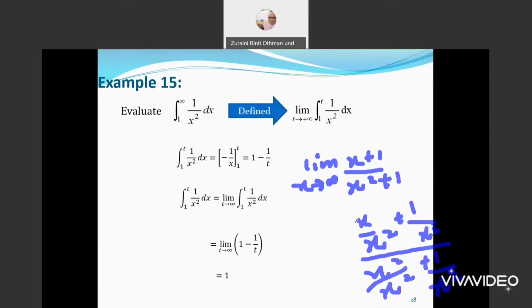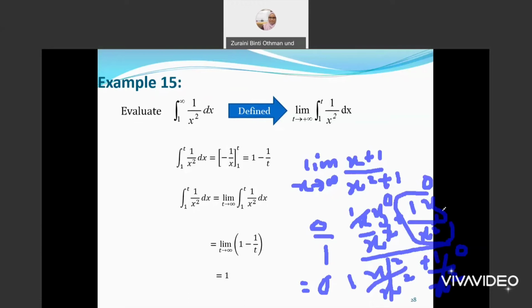So di sini akan jadi 1 per x. Okay, 1 per x yang ini akan jadi kosong. Sini juga 1 per x kuasa 2, 1 per infinity will become 0 also. But here, yang ni akan jadi 1 tambah, yang ni juga ialah kosong. Okay, dia akan jadi kosong per 1 dan jawapan dia ialah kosong. Yang ni yang kita buat dari tu, properties ni. 1 per infinity will become 0. Serupa juga dengan yang ini.